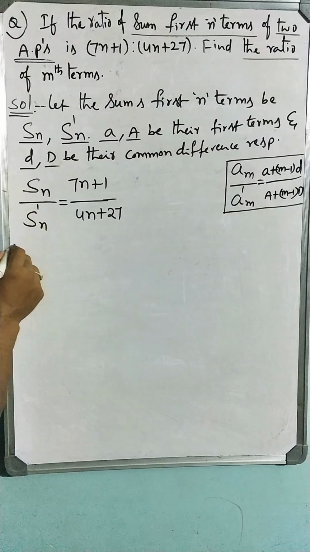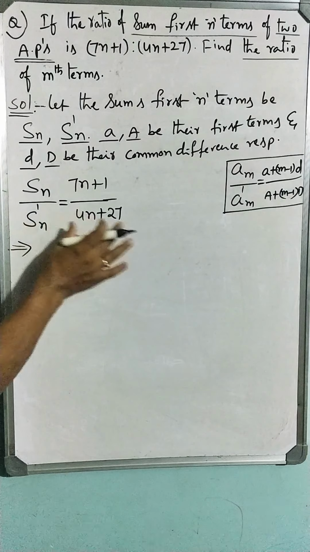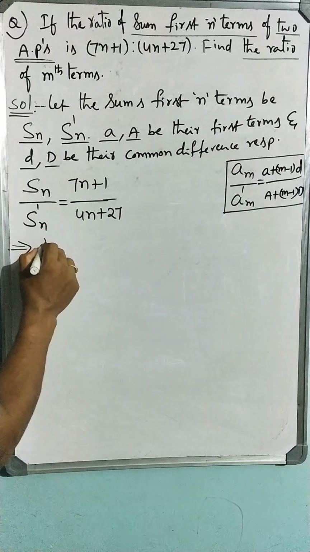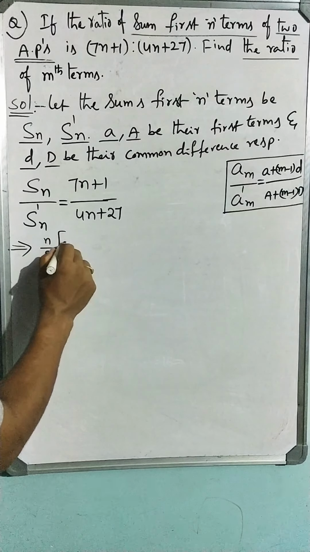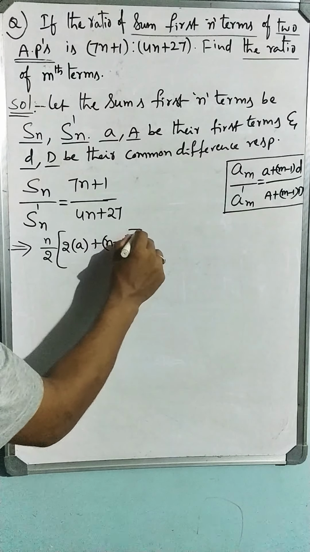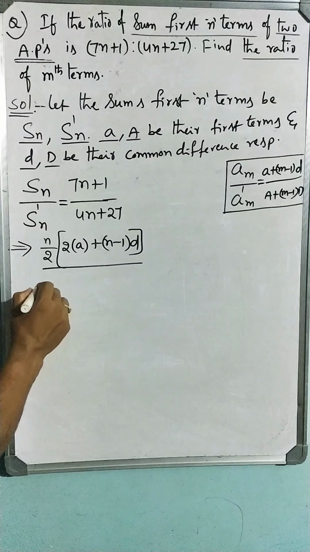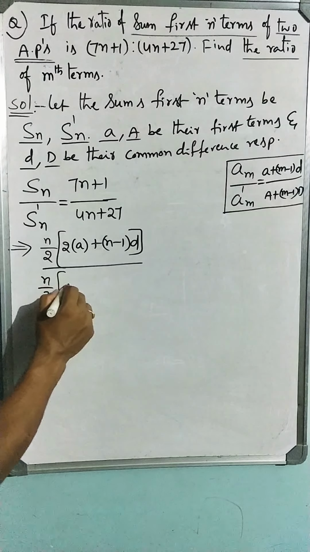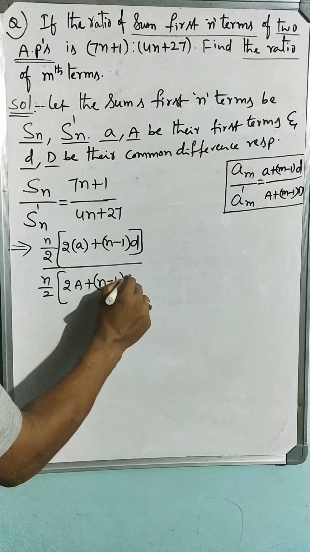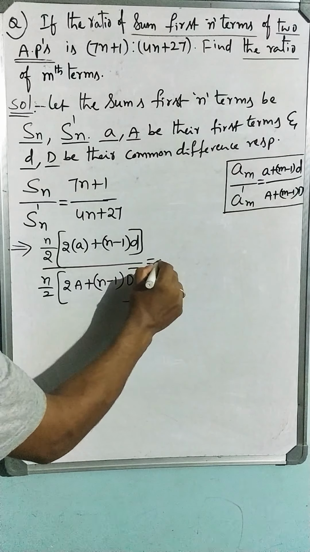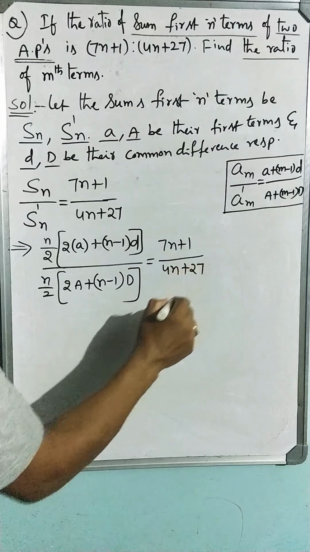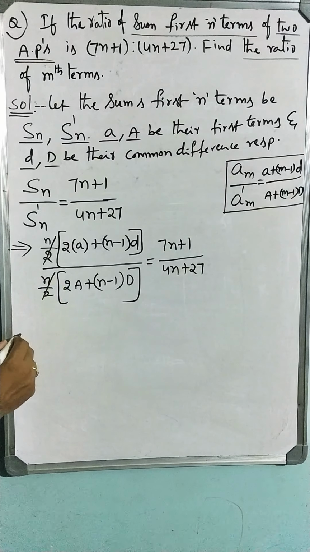Now let us expand this equation. Sn, sum of n terms formula, n by 2 into 2 times first term a plus n minus 1 times common difference d, by n by 2 into 2 times first term capital A plus n minus 1 times common difference capital D, is equal to 7n plus 1 by 4n plus 27. n by 2 gets cancelled.